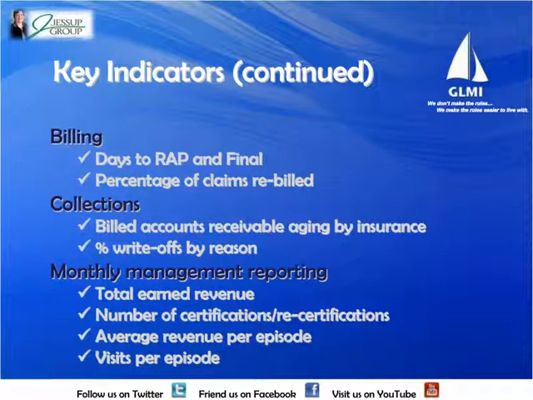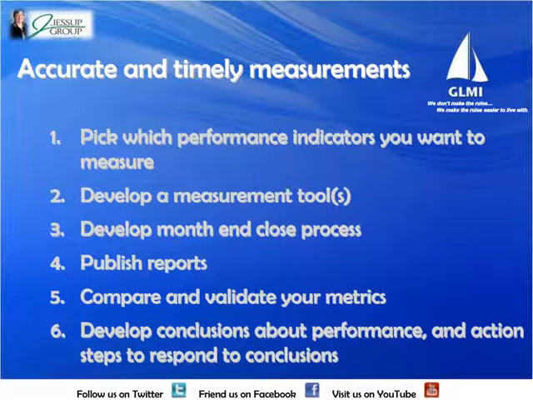And then there are some common general management reports that we often measure: total earned revenue, the number of certifications and recertifications, the average revenue per episode, and the average visits per episode. So those are just some of the key indicators, and we're going to go back to the previous slide.